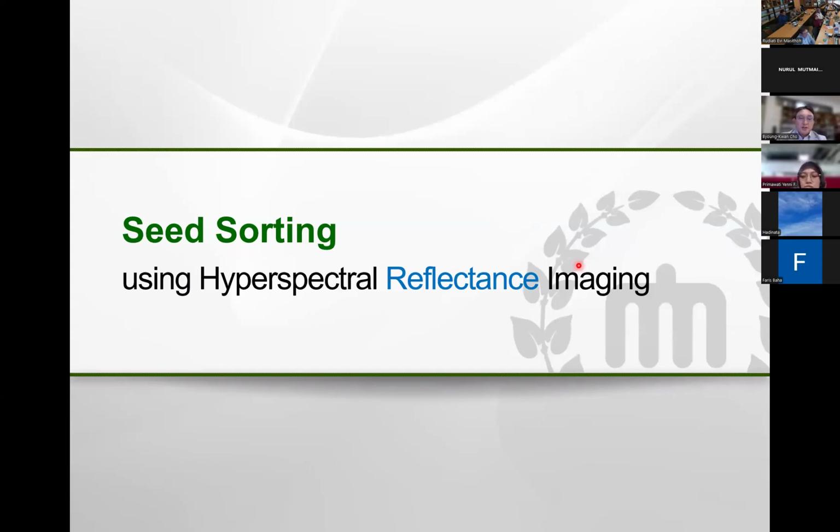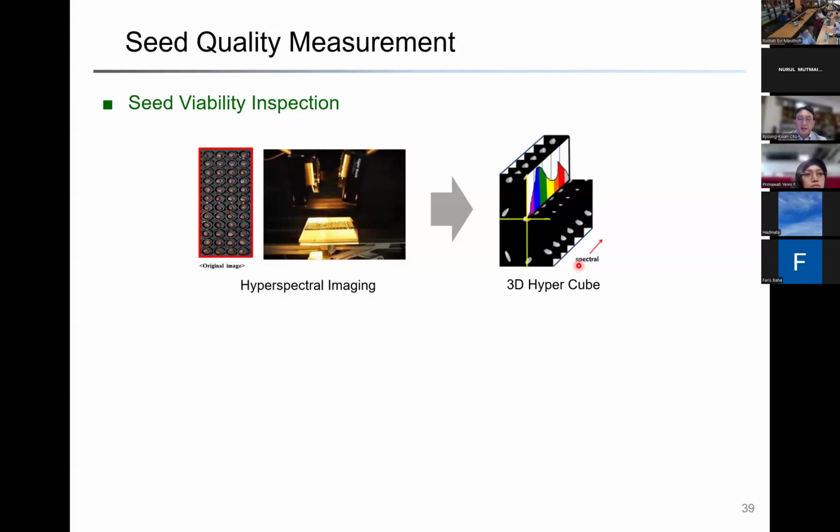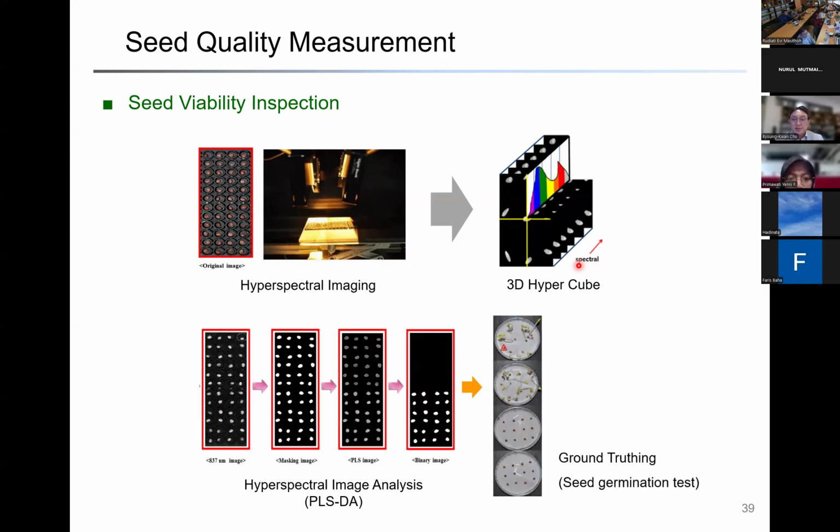Another example is seed sorting using hyperspectral reflectance images. It's done by my laboratory. We are going to inspect seed viability, live seed and dead seed. We try to classify the viability using hyperspectral images.